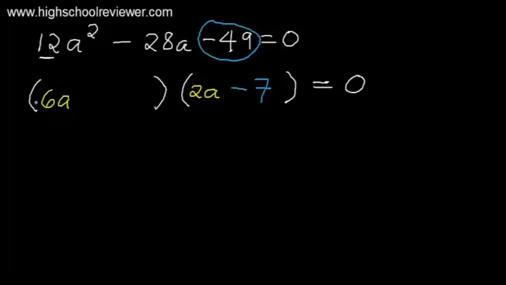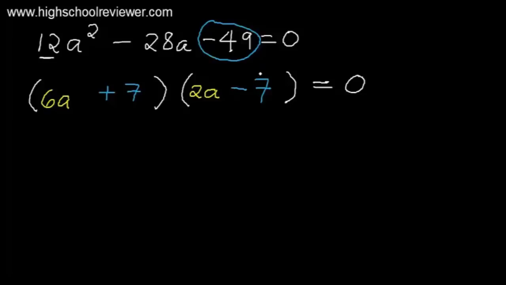So it will be bigger than the inside terms. So we are going to have here positive 7. So positive 7 multiplied by negative 7 is negative 49. And then let us check if the sum of the outside terms and the inside terms is equal to negative 28a. Okay, so let's get their sum.